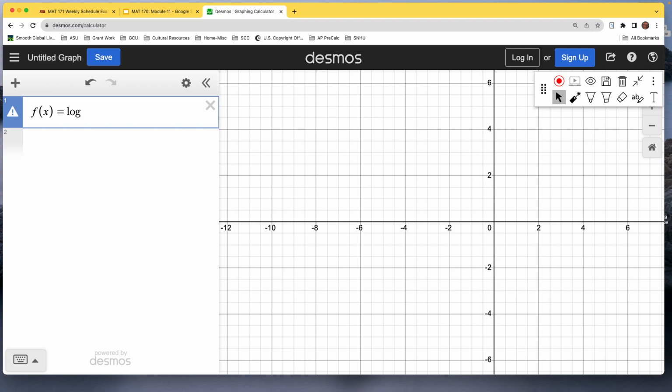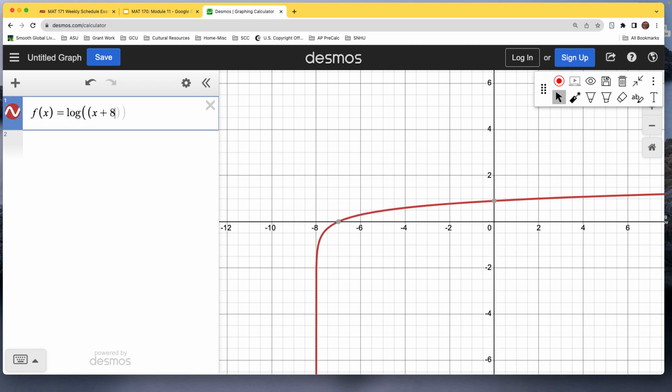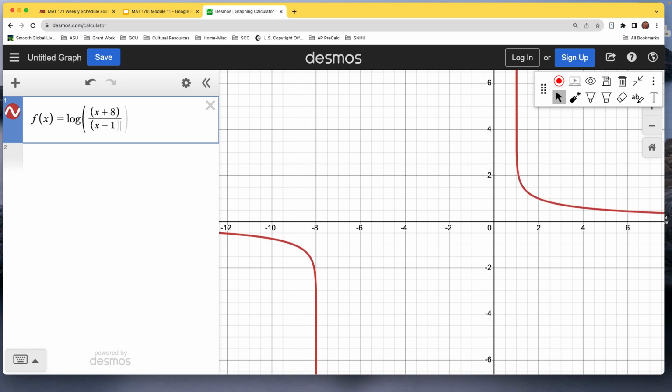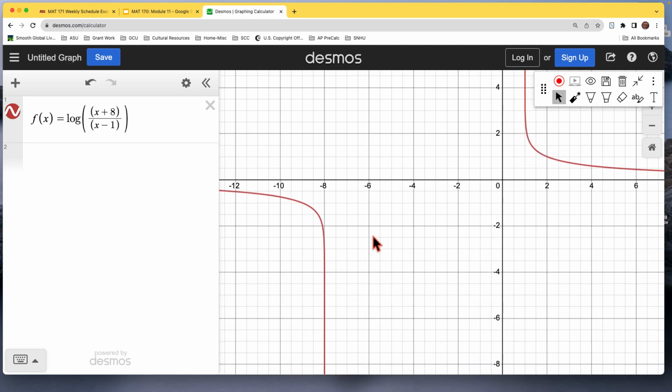I don't put a base, and let's put in x plus 8 divided by x minus 1. Oops, not 10. Whoa, that's kind of funky, isn't it?